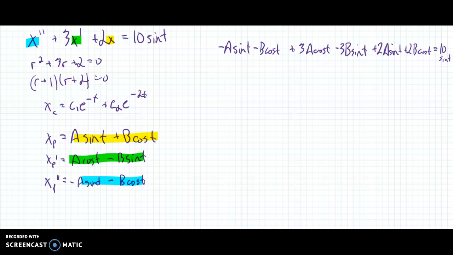So now I have to split it into sines and cosines. Here's a sine next to our cosines, and here's a sine. They're going to come together to be a 10 sine t.